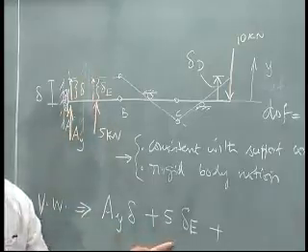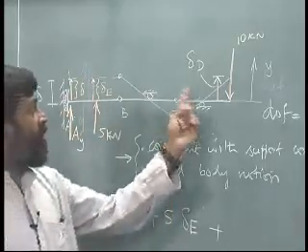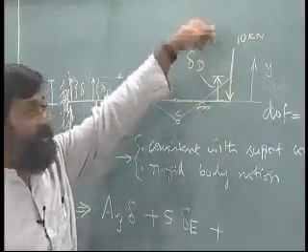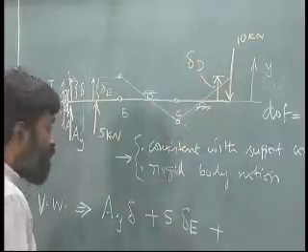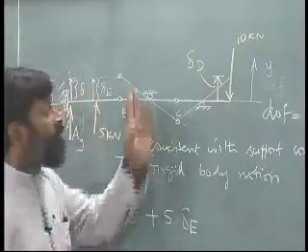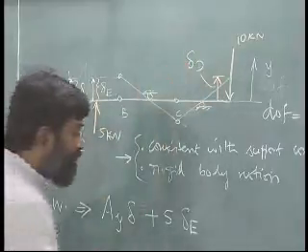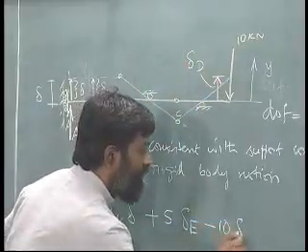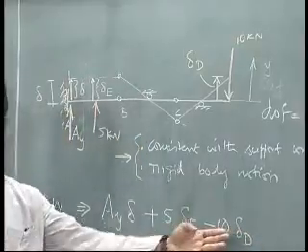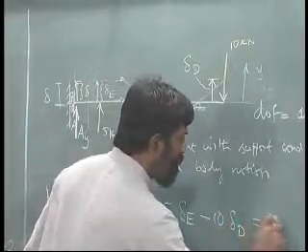So, that is why 5 plus 5 times delta E. Here delta D is upwards, 10 is downwards. So, I have to have minus 10 times delta D, okay, and this is equal to 0.